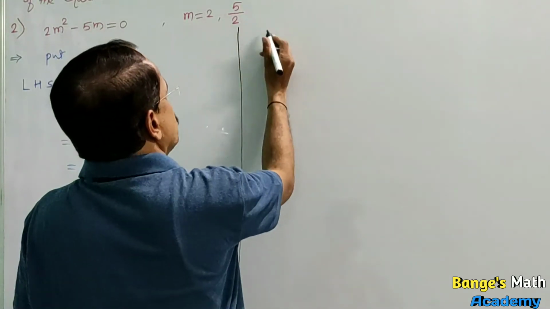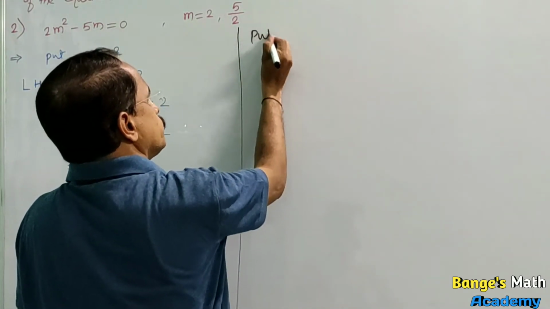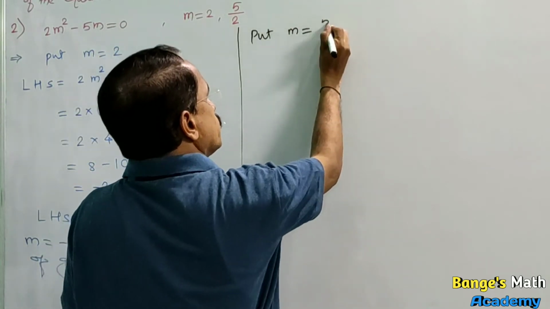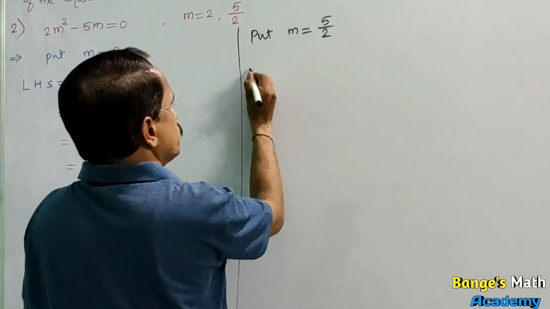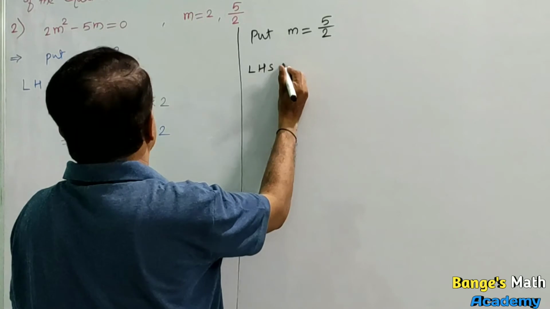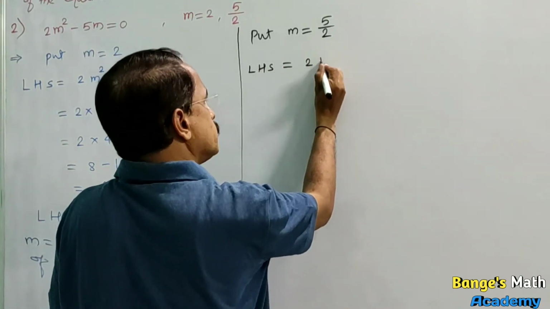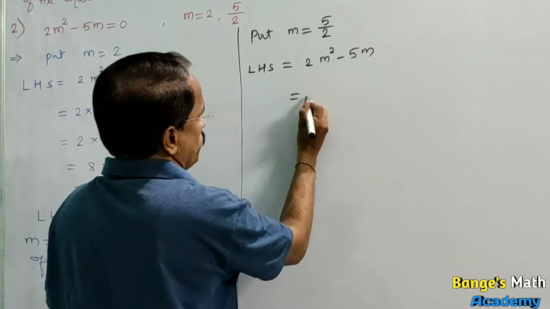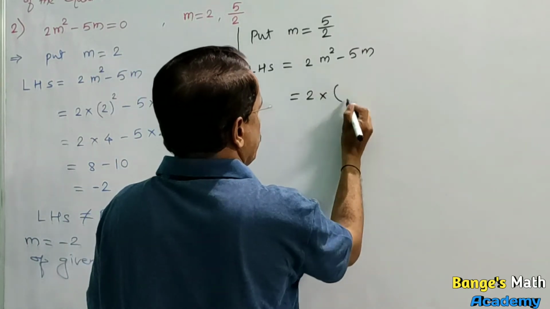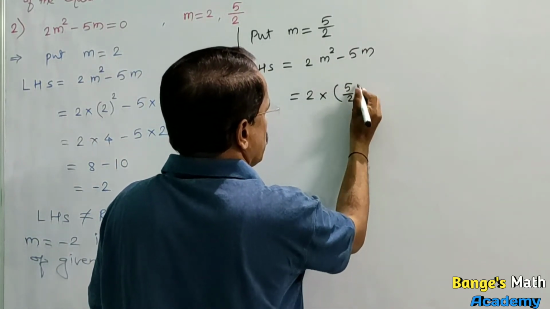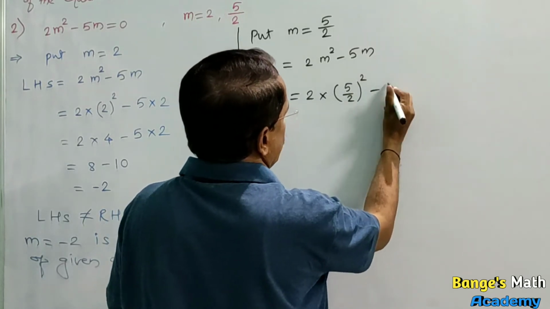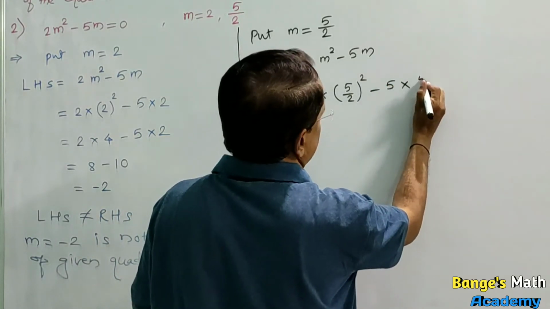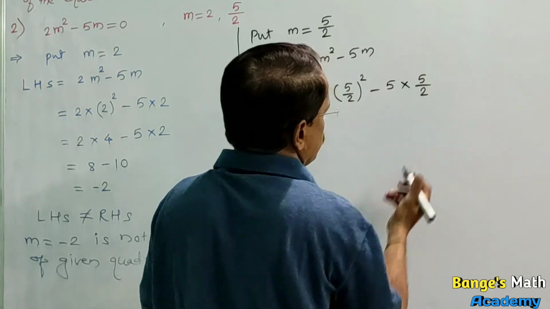Then put m is equal to 5 upon 2. Consider LHS is equal to 2m square minus 5m. 2 into value of m, 5 upon 2 bracket square, minus 5 into value of m, 5 upon 2.